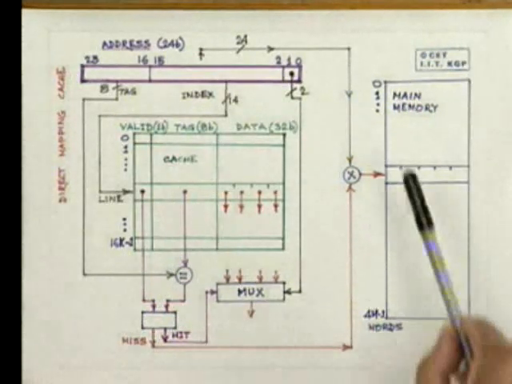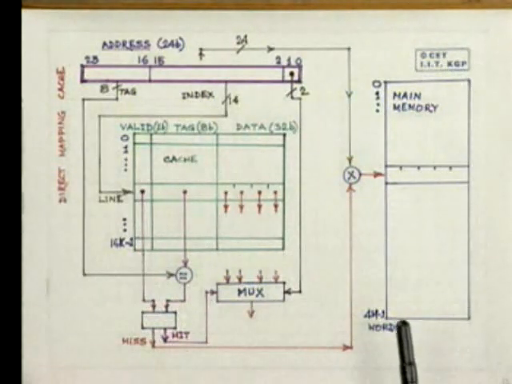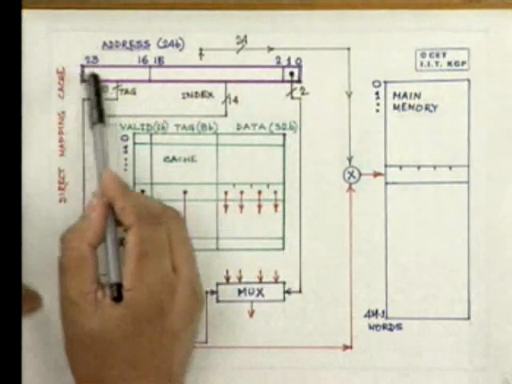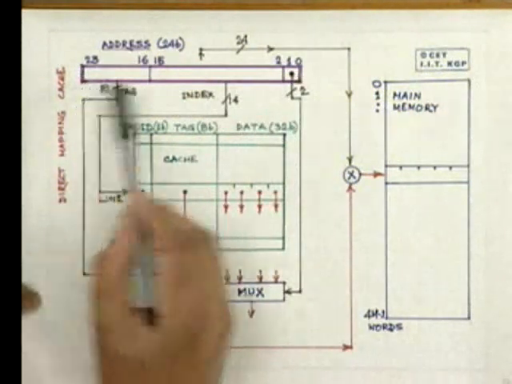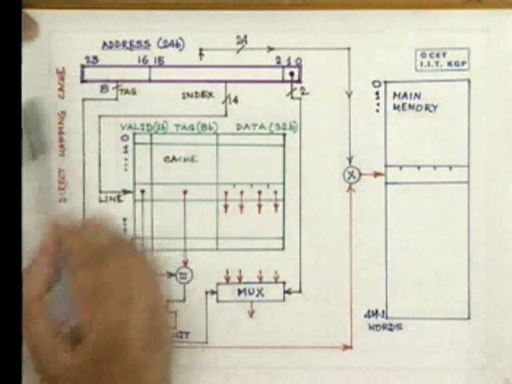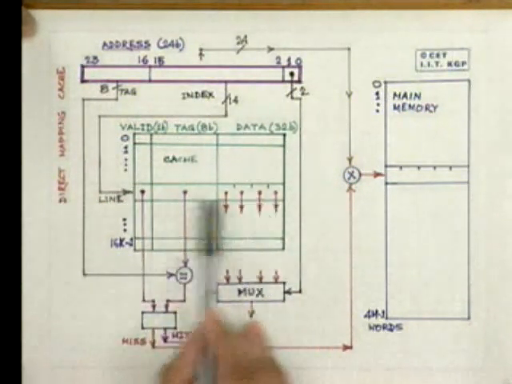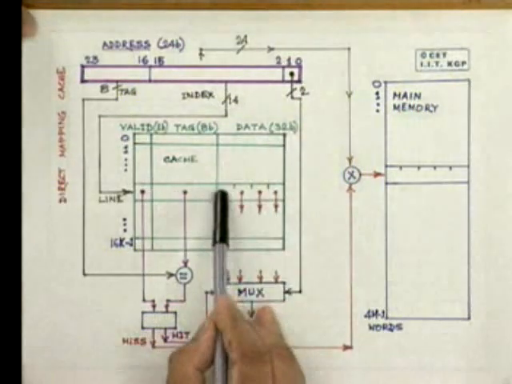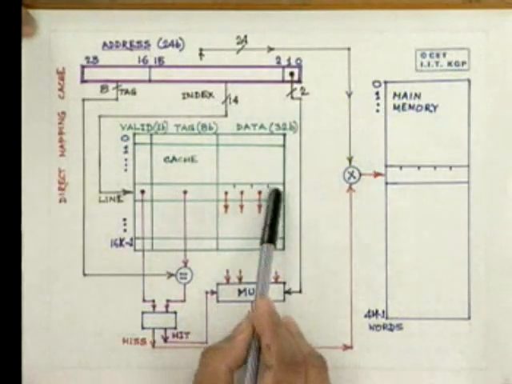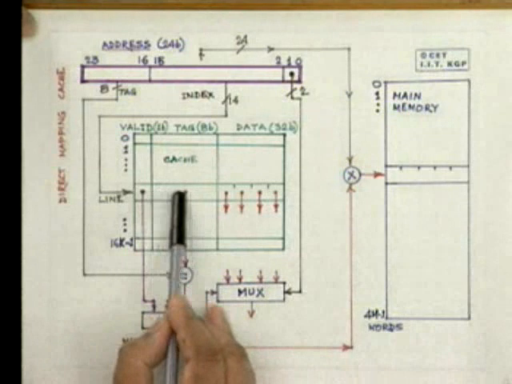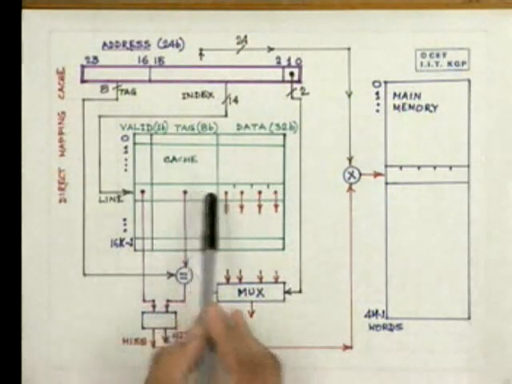The entire picture has been redrawn here. This in fact is the complete address, the 24-bit address. From here to here is the word of the block address. This is the cache divided into 2 parts. One is a 32-bit content. This contains the tag field.